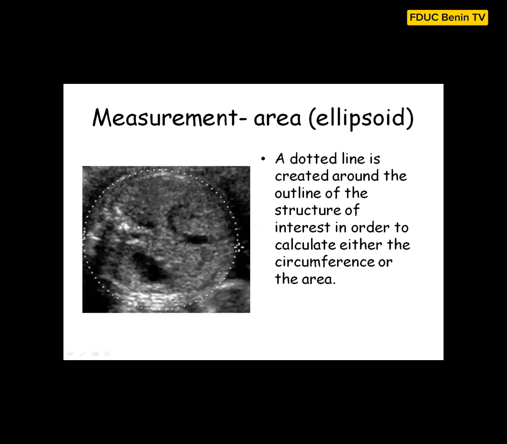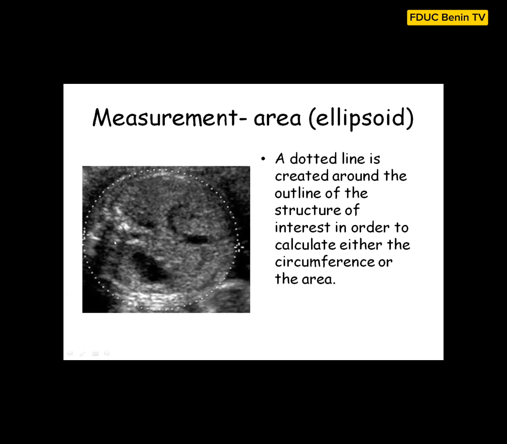For example, this is the abdominal circumference, so we want to measure the area of the abdomen. I click on caliper, and a caliper will show. I set first, then it will lock it, and then I move the caliper to the other end using my cursor.